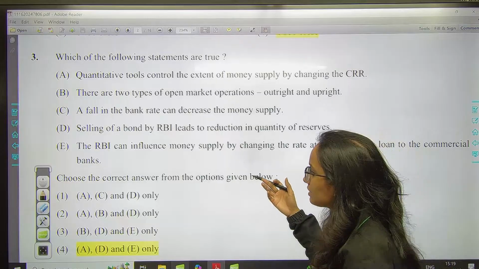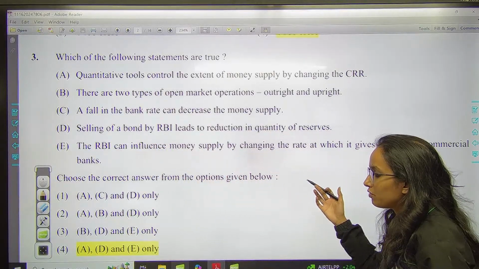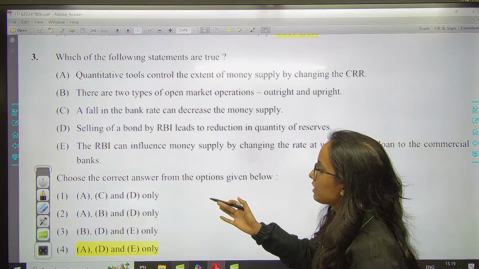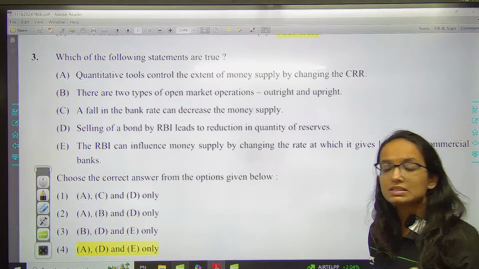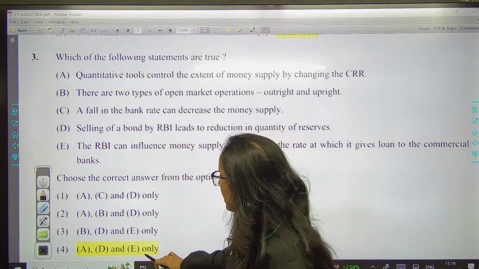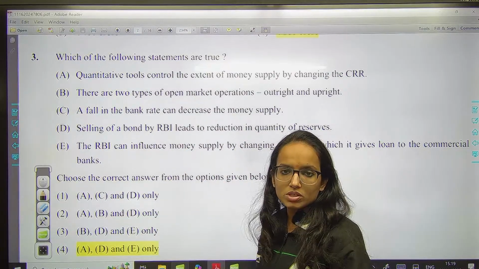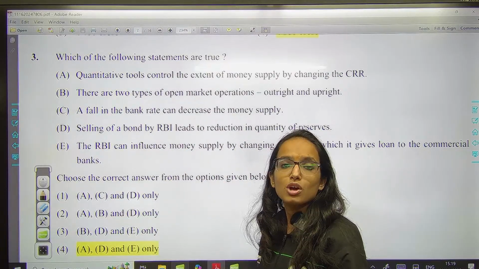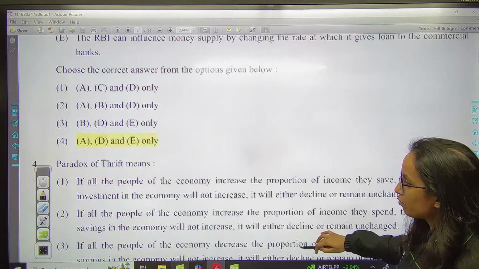No, it increases the money supply. Selling of a bond by RBI leads to a reduction in the quantity of reserves. Yes. RBI can influence money supply by changing the rate at which it gives loans to commercial banks. Yes. So A, D and E are correct. Now, it shows that they are asking questions from your monetary policy segment, the quantitative tools of the central bank, right? These are also important areas.